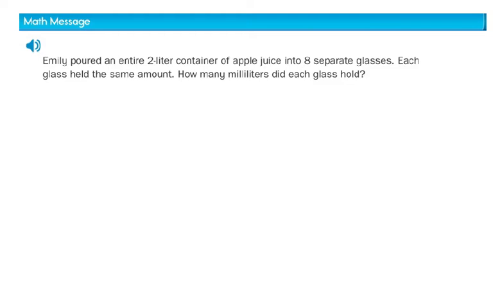It says Emily poured an entire 2-liter container of apple juice into 8 separate glasses. Each glass held the same amount. How many milliliters did each glass hold? So what I know is I'm moving from a liter answer to a milliliter.